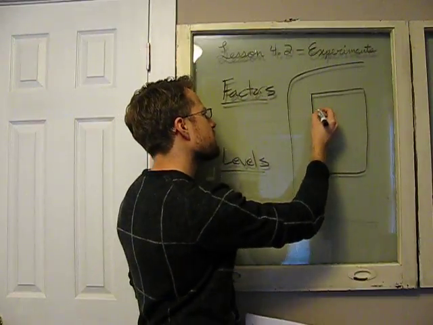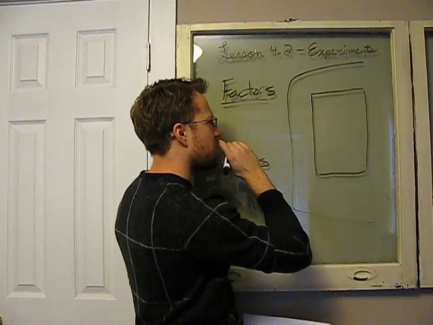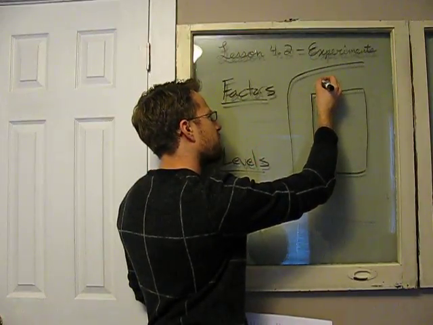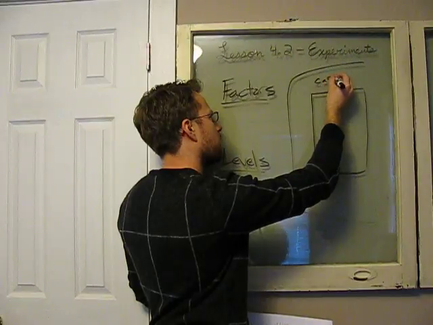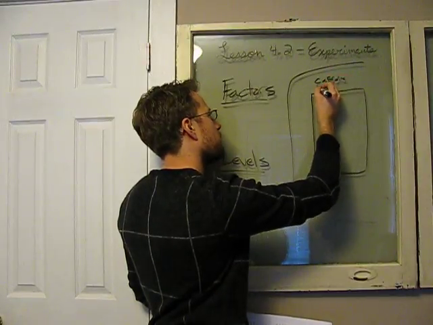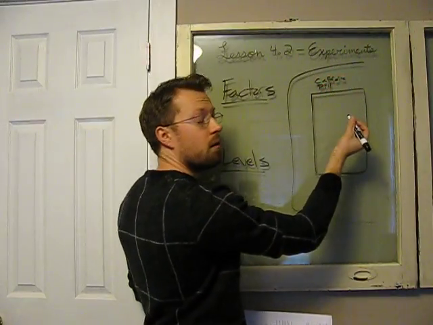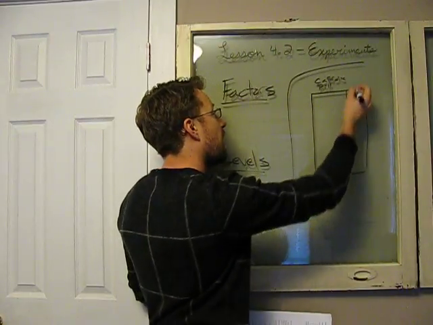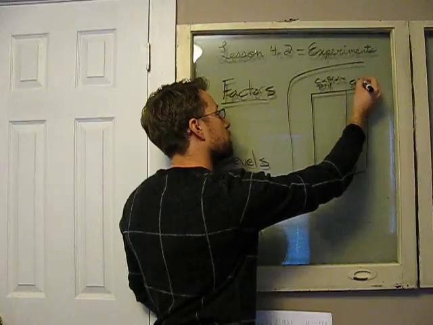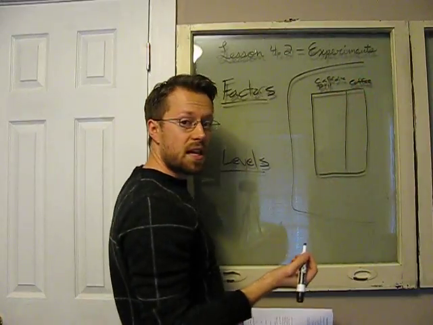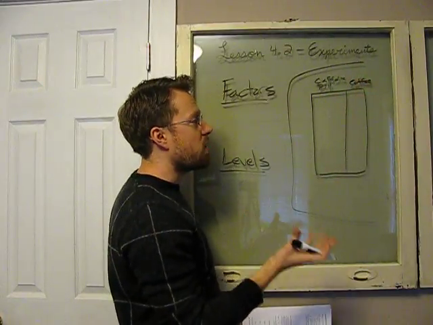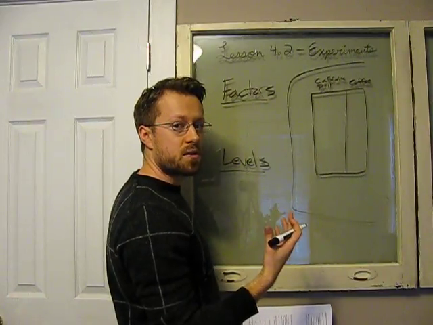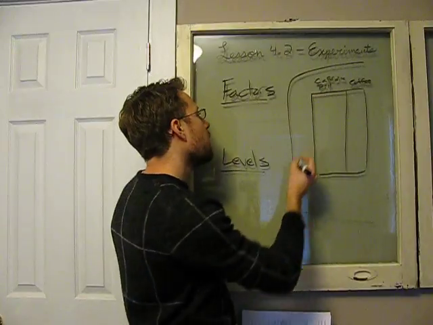But let's say I had caffeine pills that I gave my experimental units, my test subjects, and then I had coffee. Both contain caffeine, and I want to see maybe if one has a bigger effect on my experimental units than the other. All right?